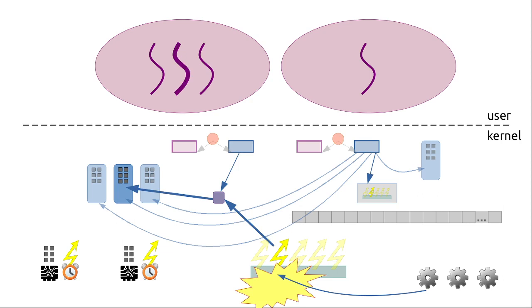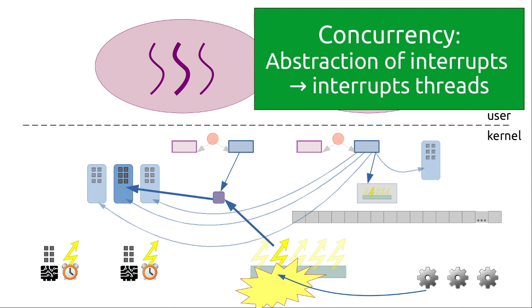So what we're doing here is something very simple, but very powerful. We're taking the chaos of interrupts and the idea that they kind of preempt whatever's executing and execute on the stack of the currently executing thread, and instead turn all of that complexity into simple thread activation. So, we're providing the foundation now for concurrency.